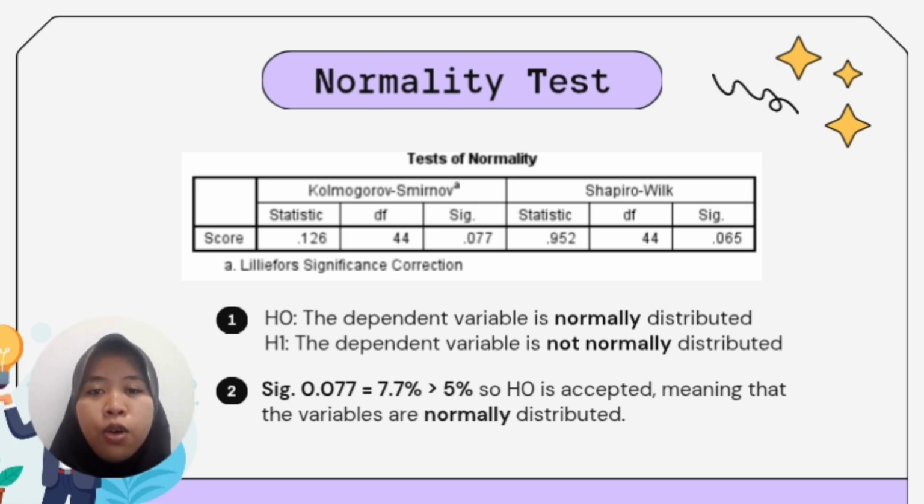We get 0.077, which means the significance is 7.7%, greater than 5%. So H0 is accepted, meaning the variance is normally distributed. We conclude by accepting H0 that the data is normally distributed, so we have fulfilled the first requirement for the variance test, and then we can conduct a homogeneity test.